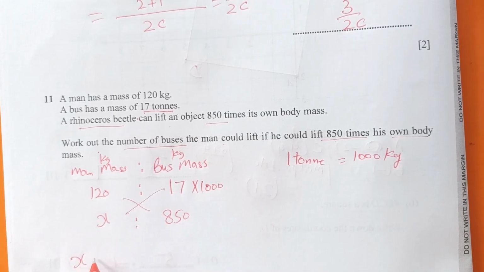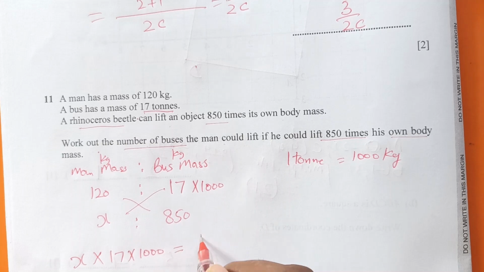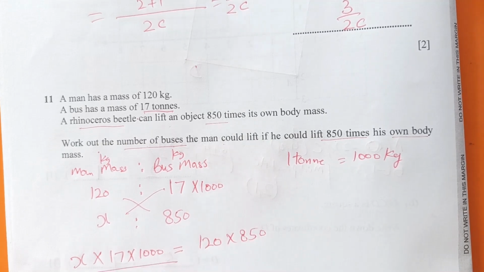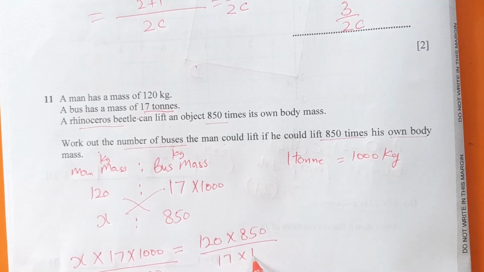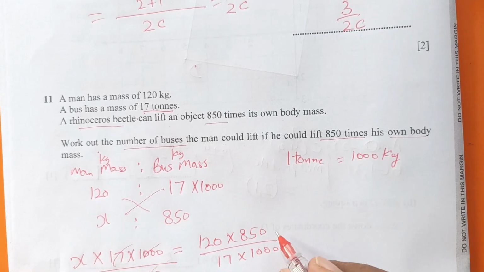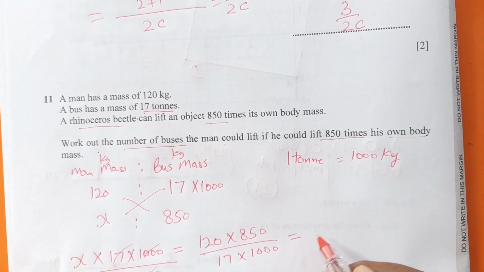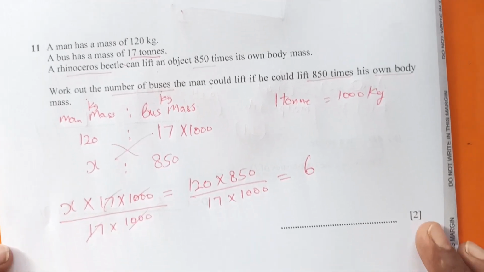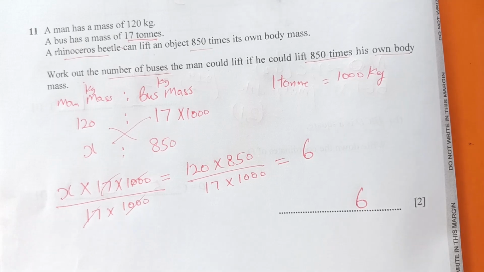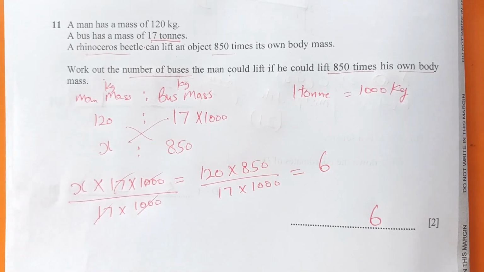It will be x times 17 times 1000 equals 120 times 850, over 17 times 1000. This is gone. You can use a calculator directly. So when you calculate this, it comes out to be 6. So our final answer here is 6.